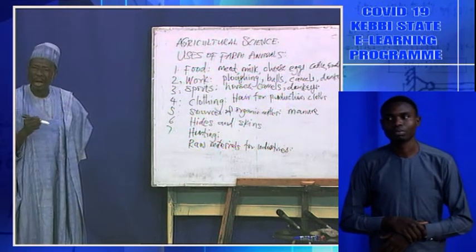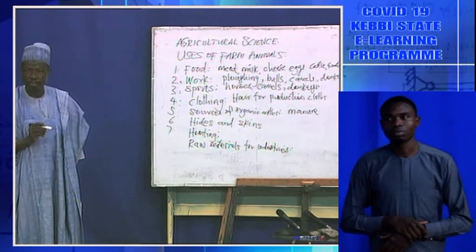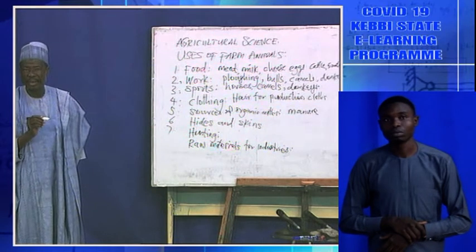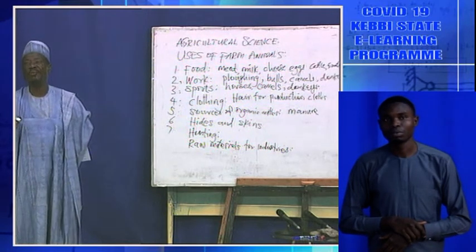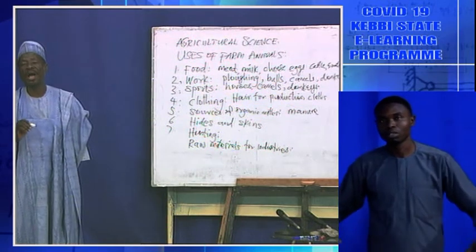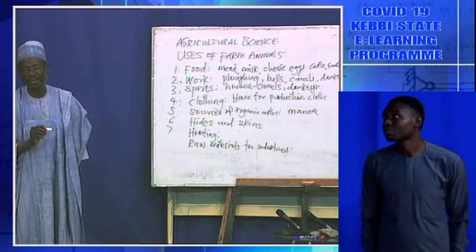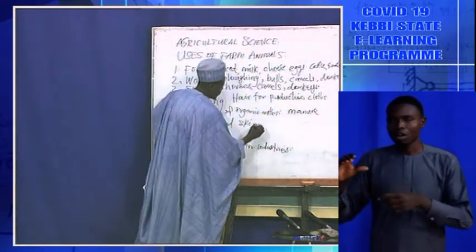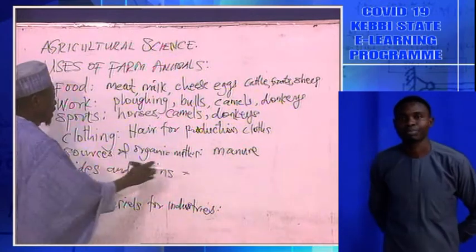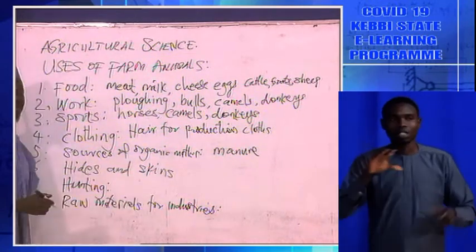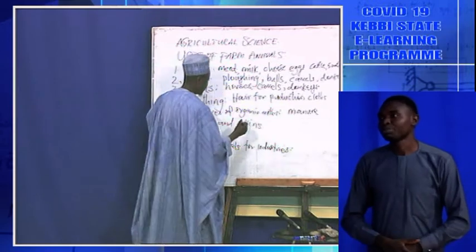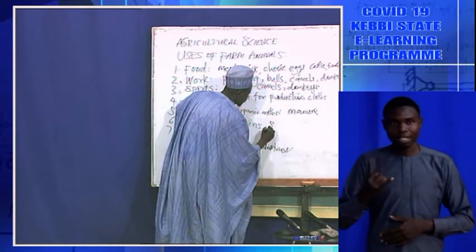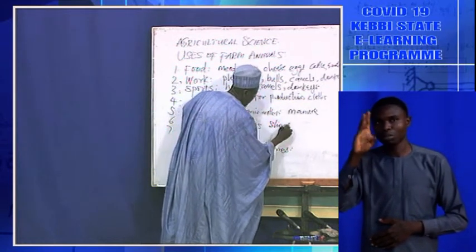But cattle or cow, bulls, camel, horses, elephants, you don't say the skin of an elephant, but hides of elephants, hides of large, big animals. And what do we do with them? What are their uses? Hides and skins for industries, or making shoes.